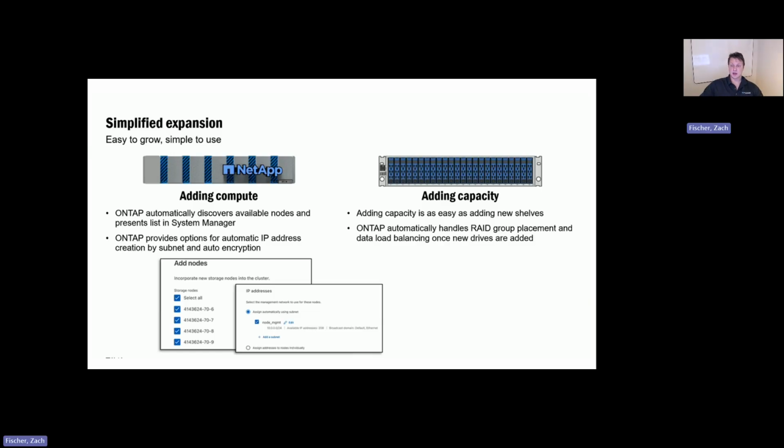And then you can also just add capacity. So if you want to add some more disk drives, the controllers don't own the capacity. They're all shared. And there's a variety of different capacity types of drives that you can use, all the way up to 60 terabyte drives today.